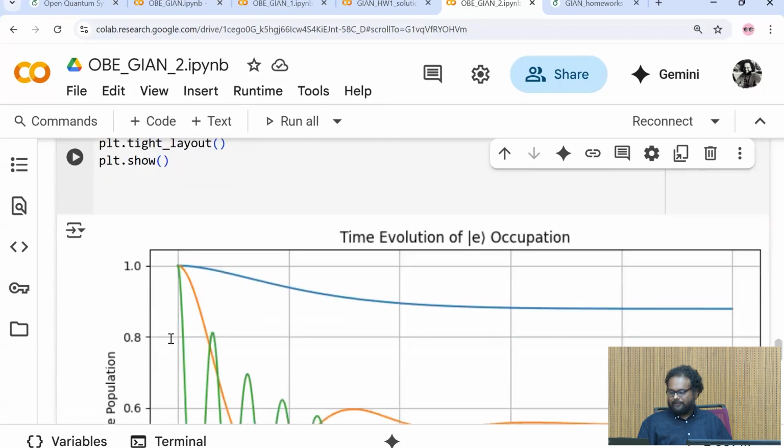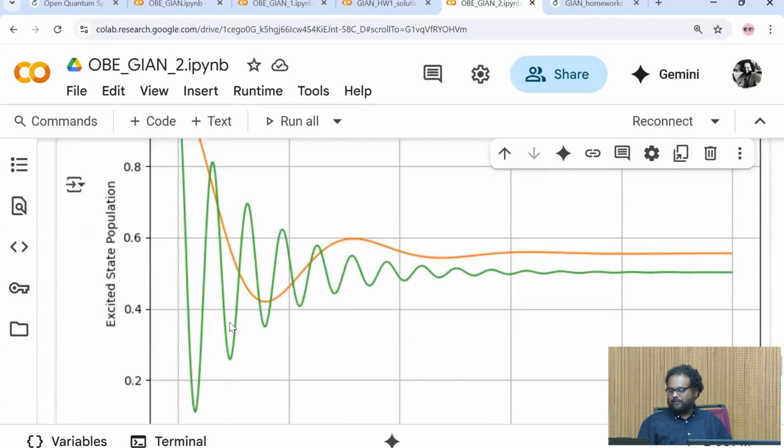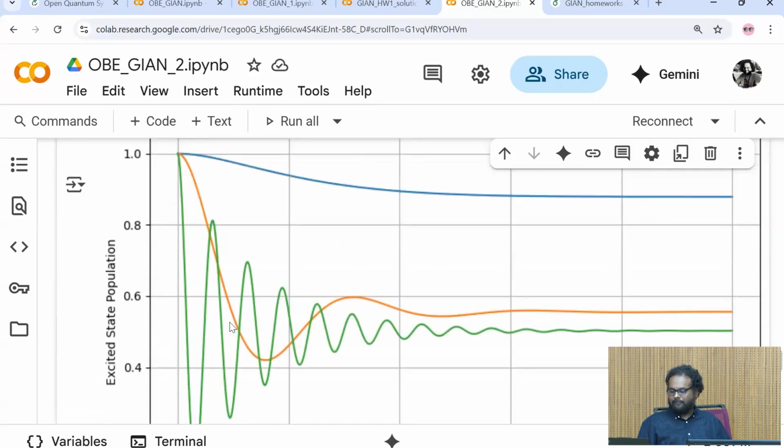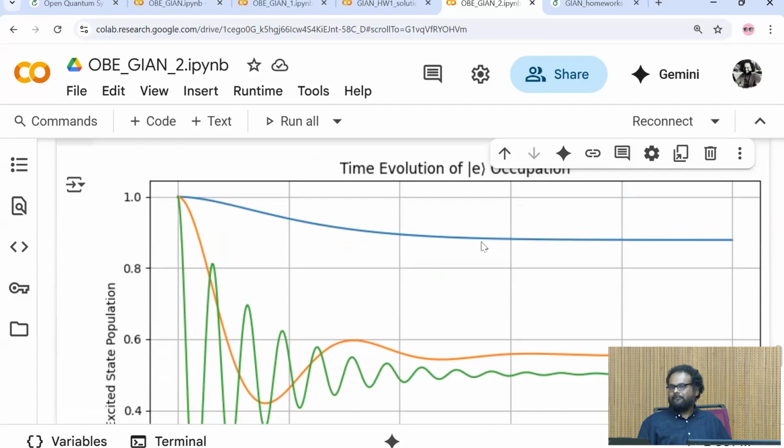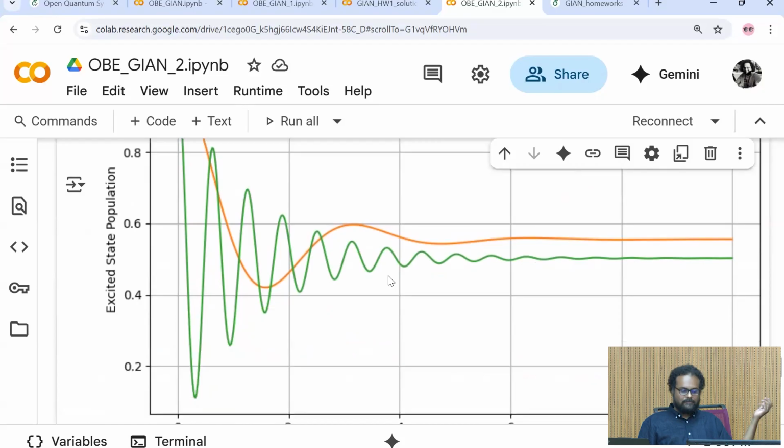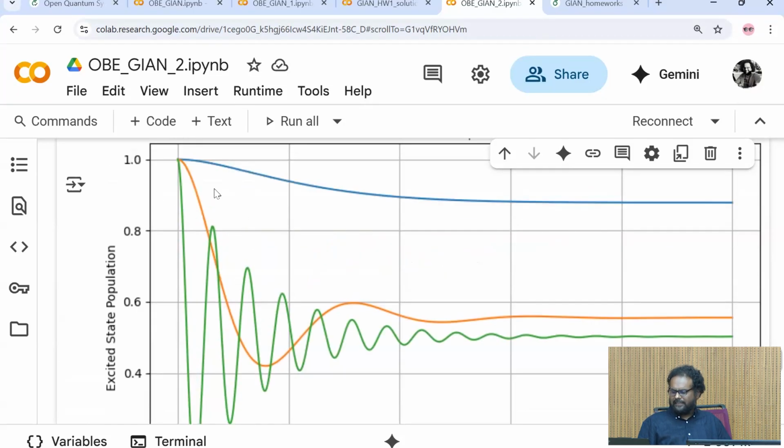If I plot this, you'll start seeing this. When my Rabi frequency is much smaller than gamma, you have an exponential decay. On the other end, when my Rabi frequency is much larger, you see very rapid oscillations, which also decay, but oscillate at a very fast frequency.